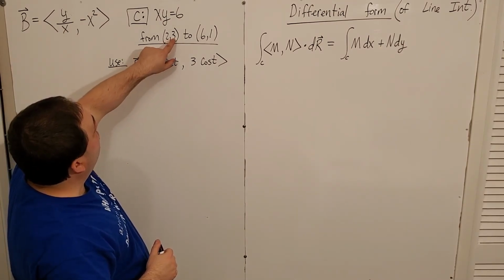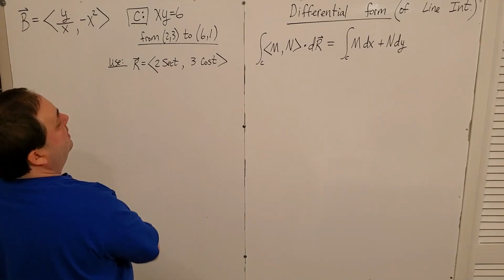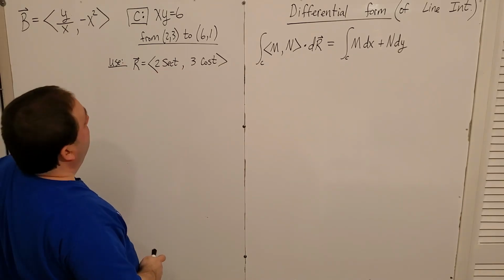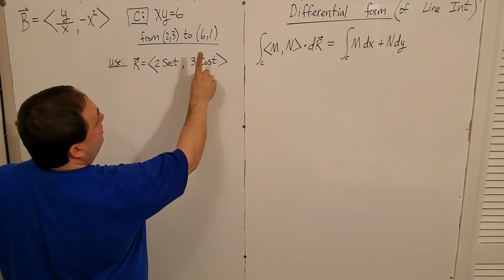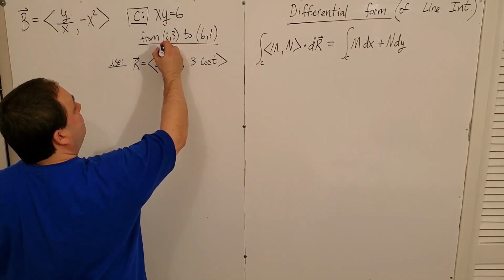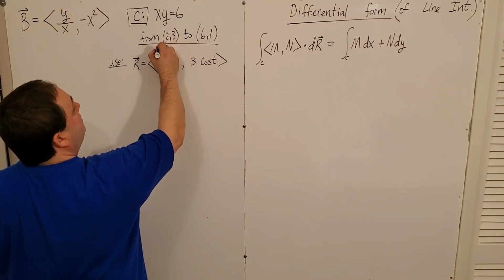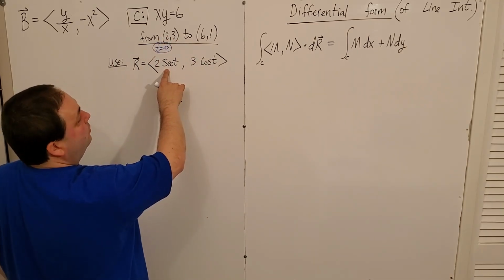So if I'm going from 2, 3 to 6, 1, then I just need to write down what values of t cause that to happen. Notice I just need the secant and the cosine to be 1 for the 2, 3. That's easy enough. Right here, I'll let t be 0, because that's where cosine is 1 and secant's just the reciprocal.